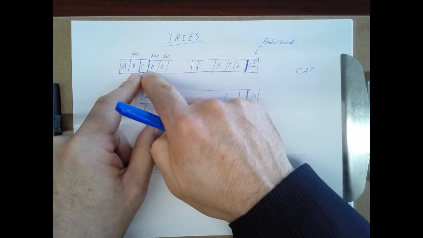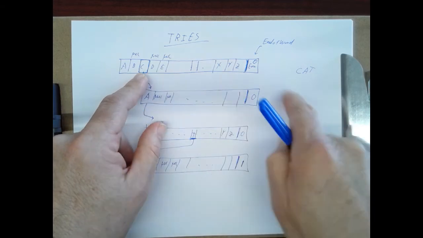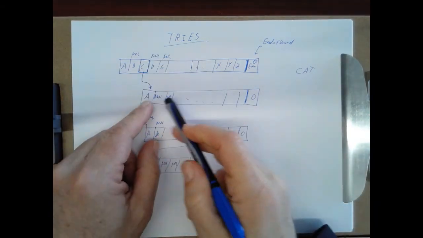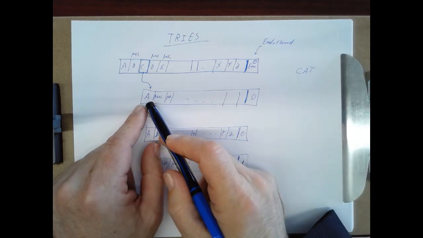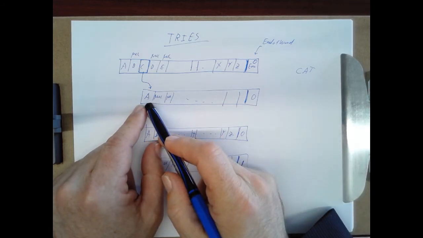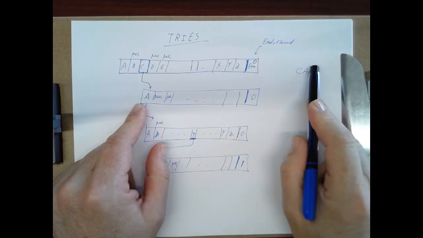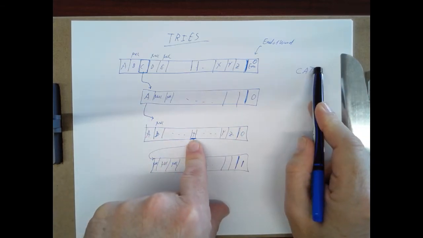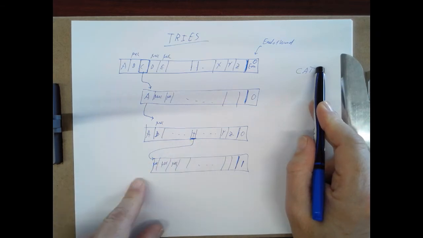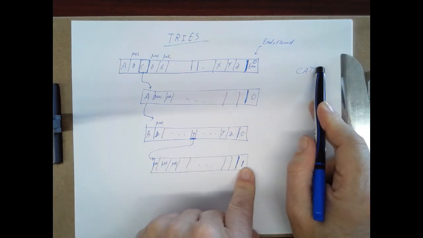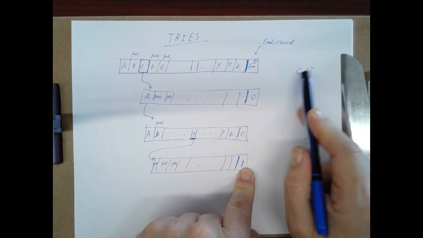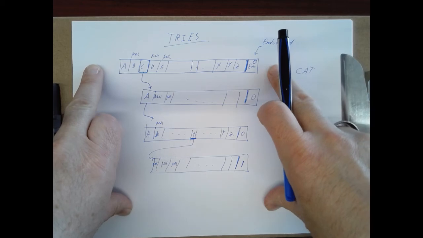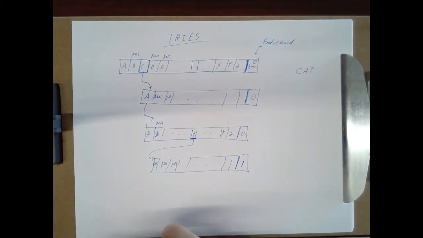So C, this third field is not null, so we have a word stored in our structure that starts with the letter C. And that points to another node where there's a non-null entry for the first field, which corresponds to the letter A. So there's a word starting with CA, and that points to another node where T is non-empty, so there's a word starting with CAT. And that points to a node where the end of word value is 1. That means CAT is part of our structure. So in this data structure, we have one word stored, which is the word cat.